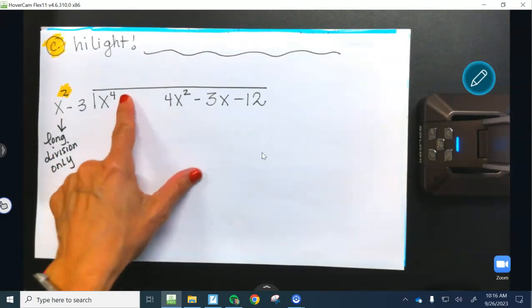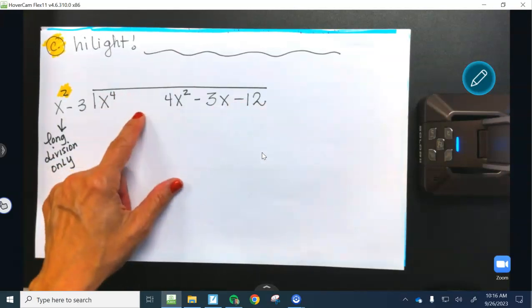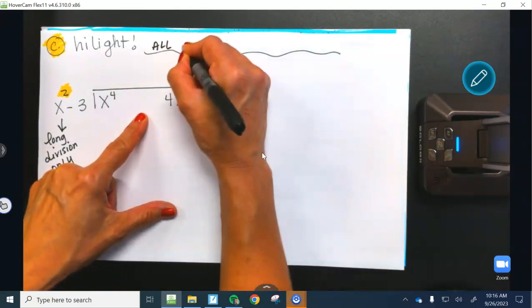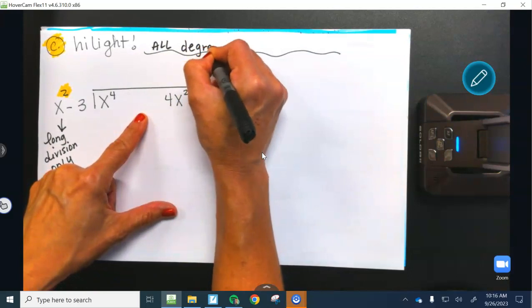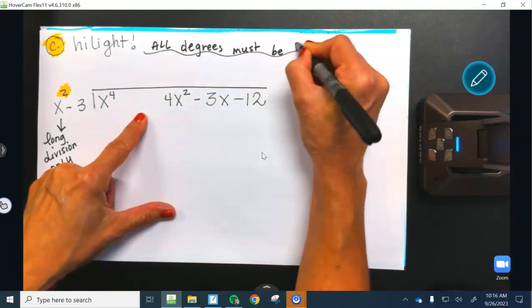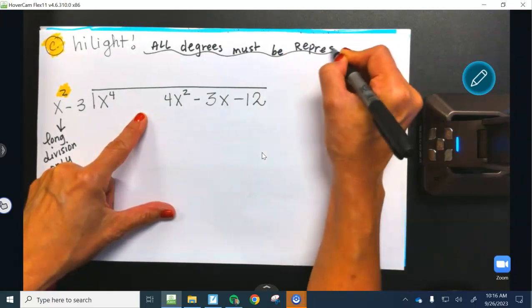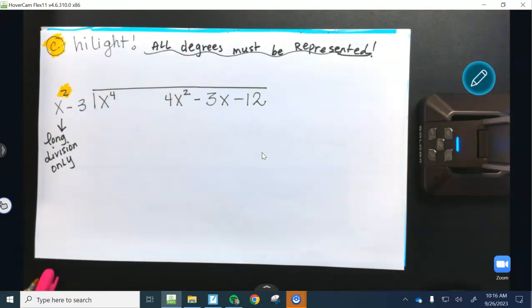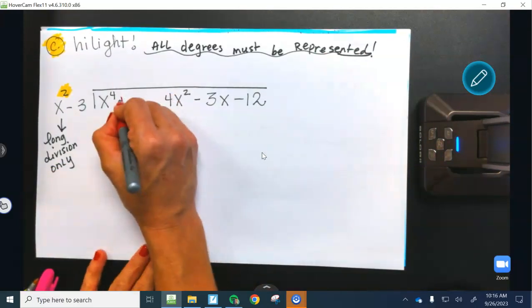Also, guys, if you notice, that polynomial did not have a cubic term. So all degrees must be represented. So y'all, we have to put a little placeholder right here.